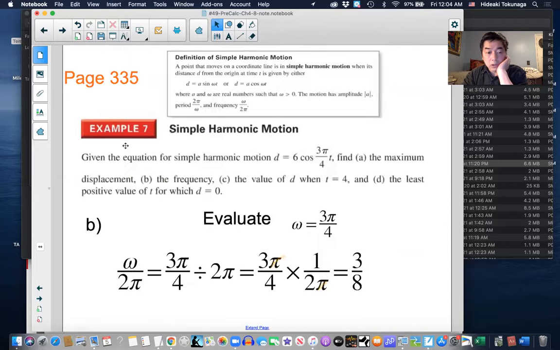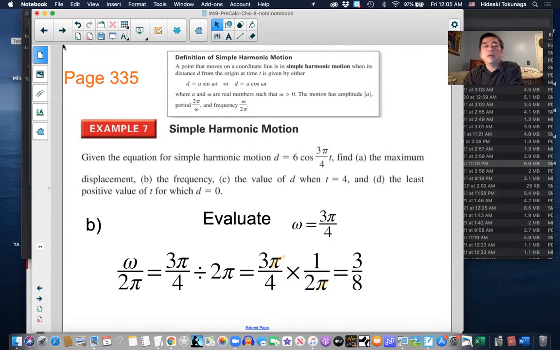Question D. Least positive value of t for which d equals 0. Okay, if this is 0, it has to be the cosine value times t. Cosine of 3 pi over 4 times t must be 0 too.